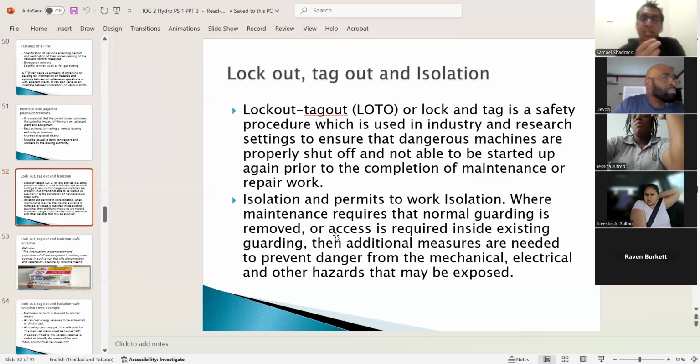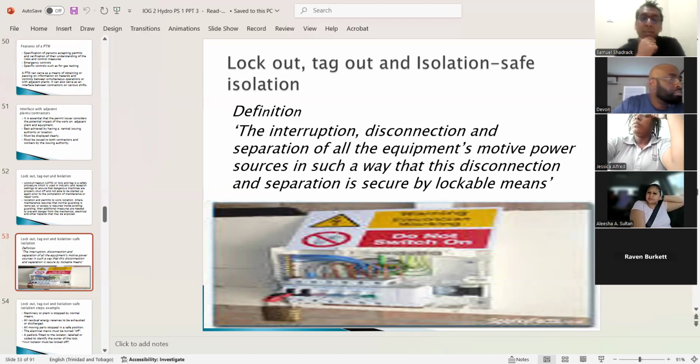Isolation is the interruption, disconnection, and separation of all equipment and motive power sources in such a way that this disconnection and separation is secured by lockable means. That's one definition. I think I got this from the oil and gas book.